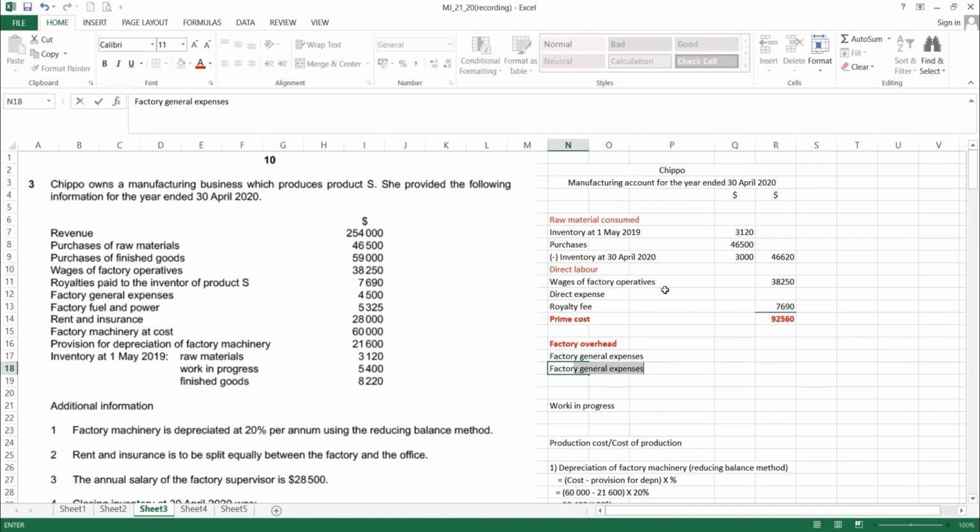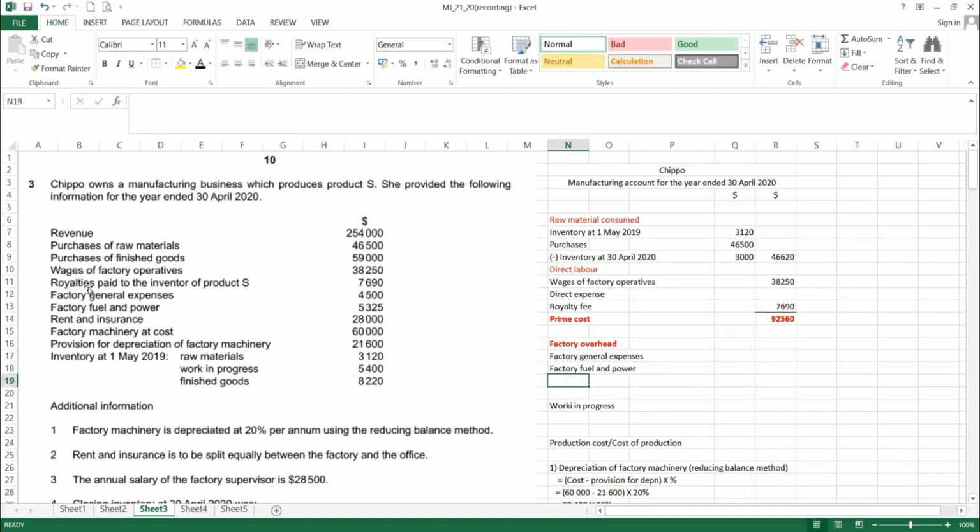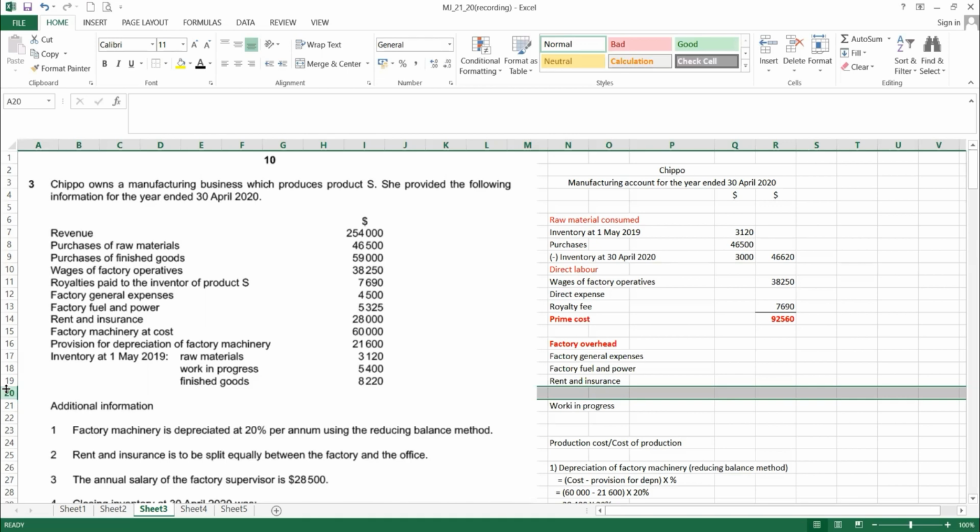Next is factory fuels and power. And then rent and insurance. Okay. Any more? Let's see. Still got to check.